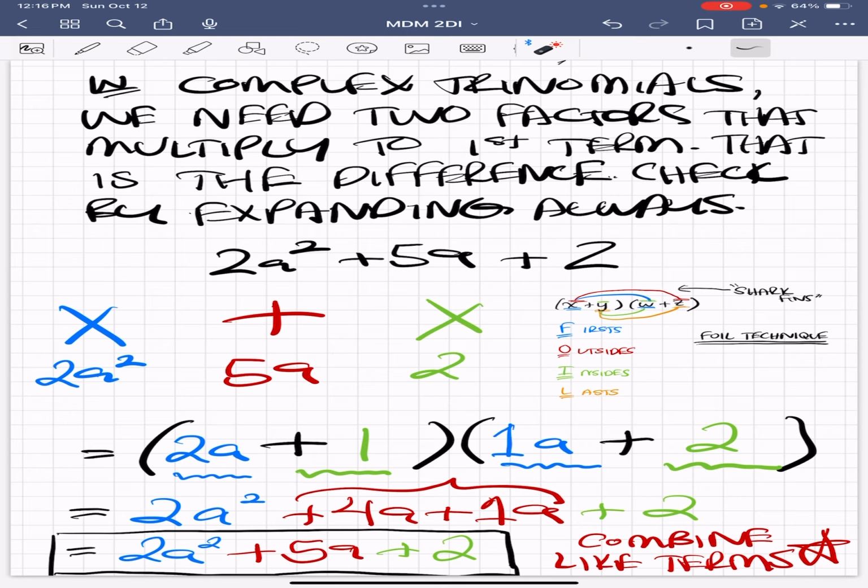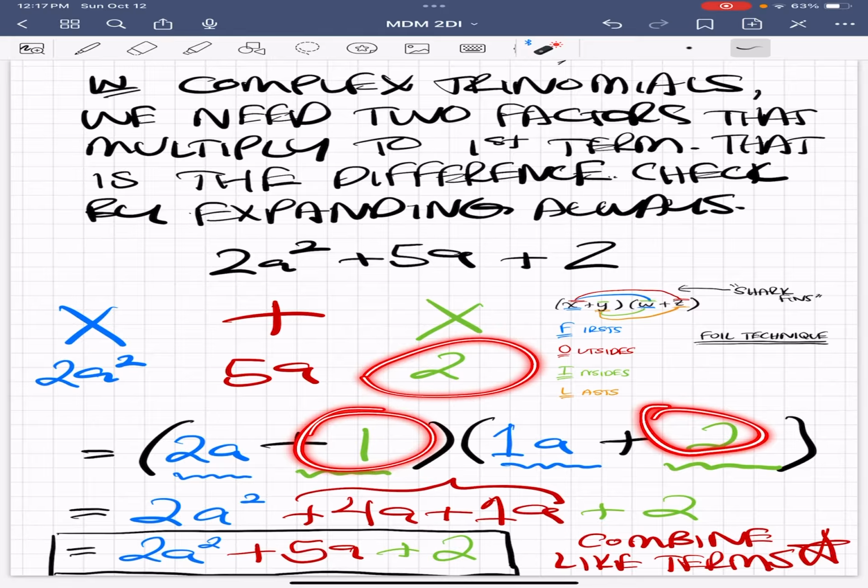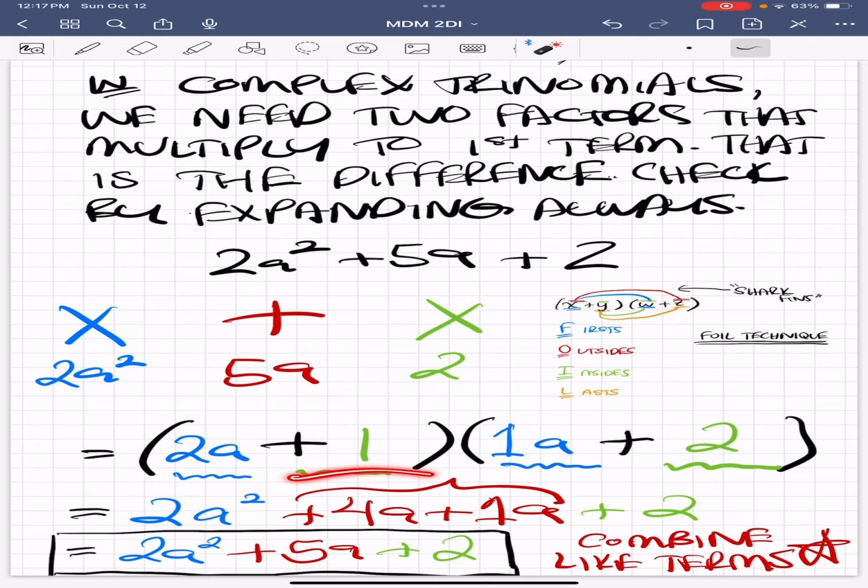So I got two factors that multiplied to 2a squared and two factors that multiplied to 2, and then I expanded out.